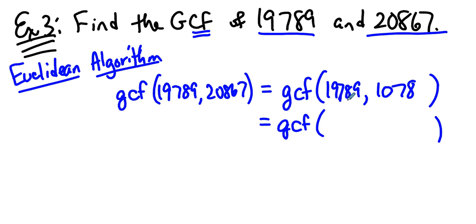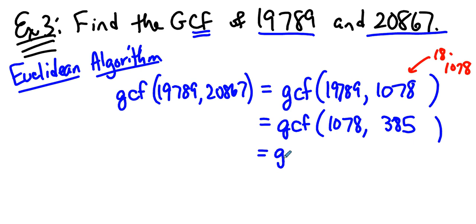And in fact, if you take out 18 1078s from 19,789, you get a difference of 385. So the greatest common factor of these two numbers has to be the greatest common factor of these two numbers.